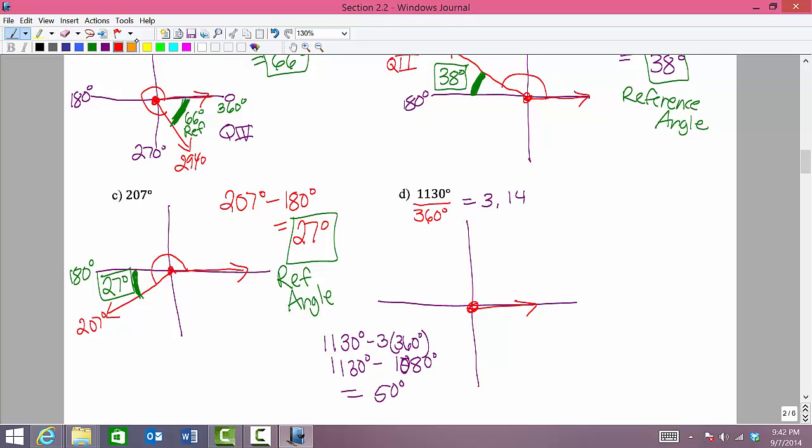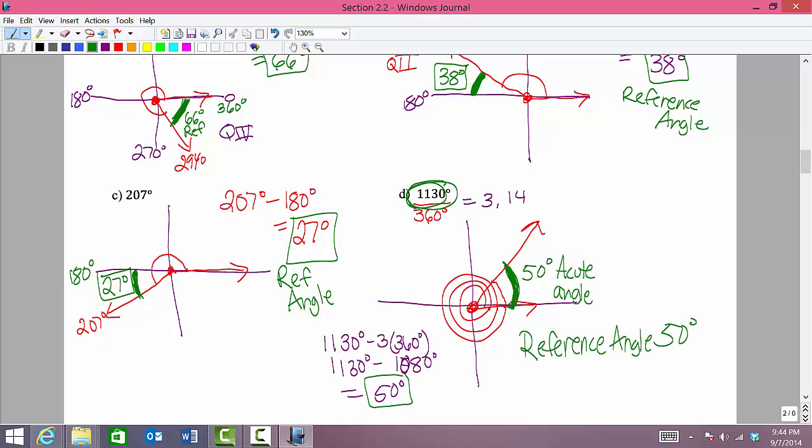So I'm going to go 3 complete rotations, so 1, 2, 3, and then this tells me that I need to go 50 degrees more into quadrant 1. So this one actually, I can just tell that the distance between the x-axis and the terminal side would be 50 degrees. So that means that 1130 has a reference angle of 50 degrees.